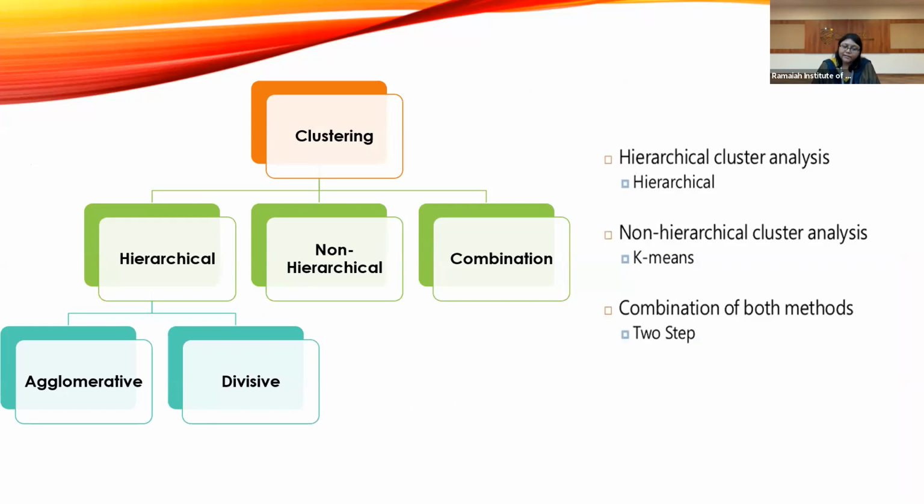One is the agglomerative, and the other one is divisive. Now in SPSS, if you see to your right, this hierarchical cluster analysis is given by the terminology hierarchical. The non-hierarchical cluster analysis is done by the k-means analysis. And the combination of both the methods is a two-step analysis.